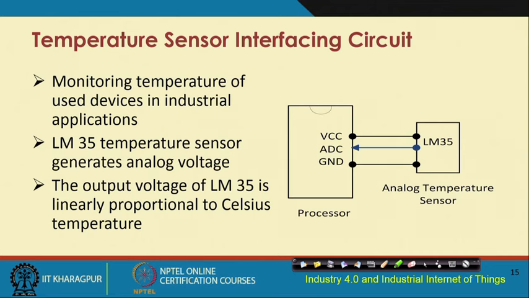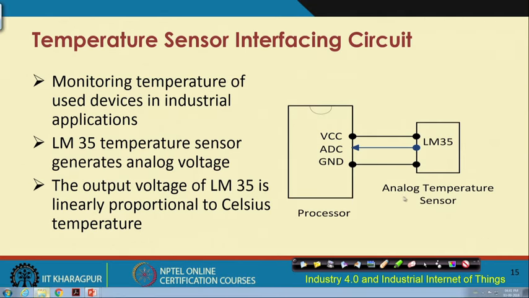So, we have the example of a temperature sensor, which is the analog variant. We can have analog temperature sensors, and we can have digital temperature sensors. This model, the LM35, is an analog temperature sensor that generates analog voltage.